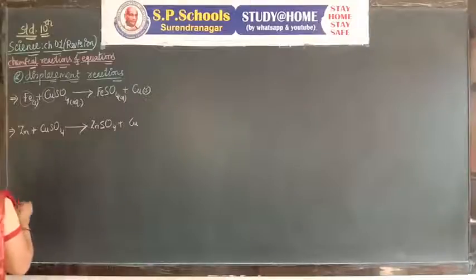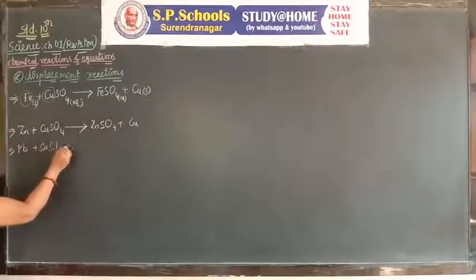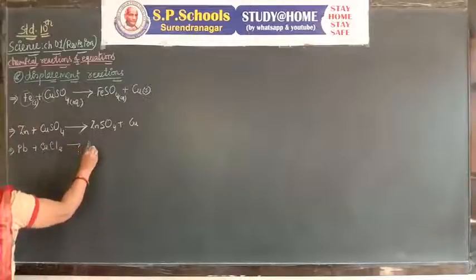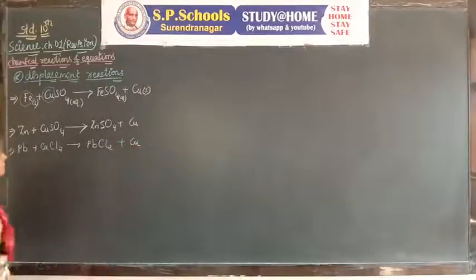Let's see again. Pb plus CuCl2 gives us PbCl2 plus Cu.